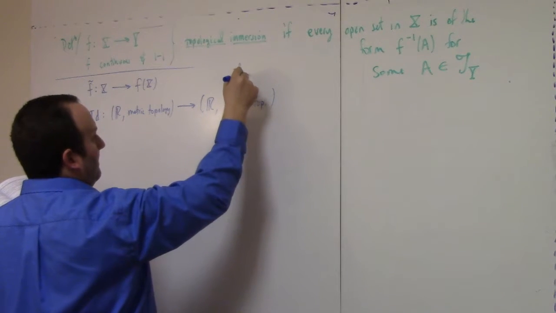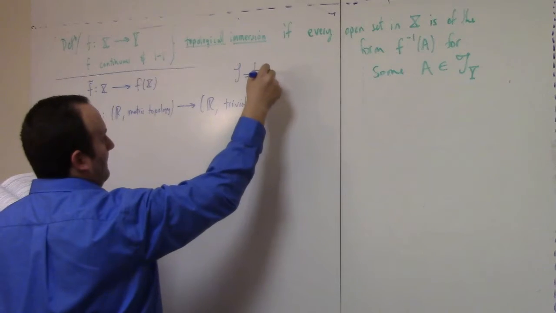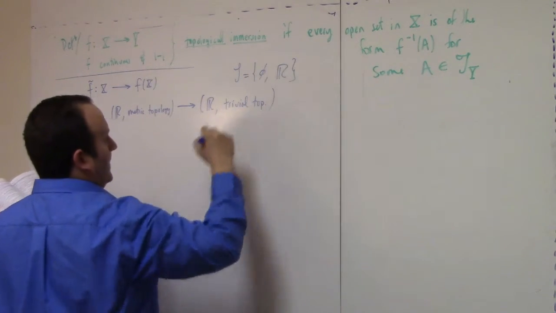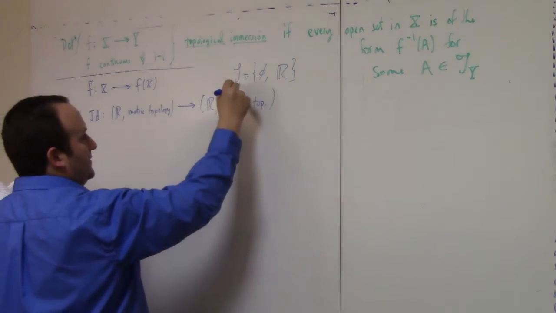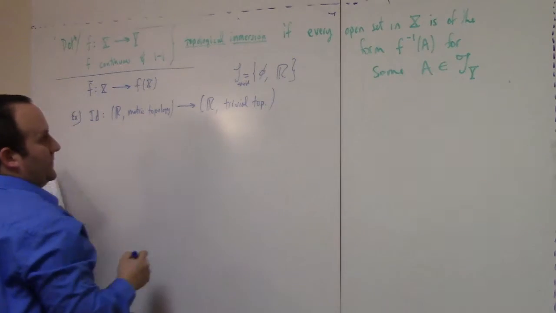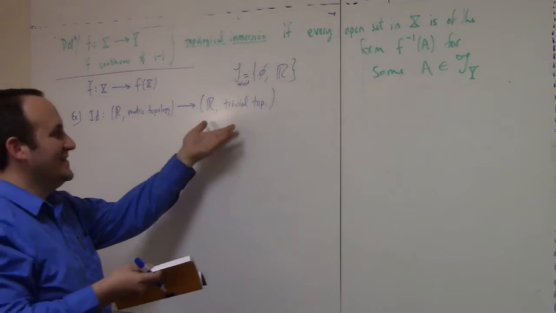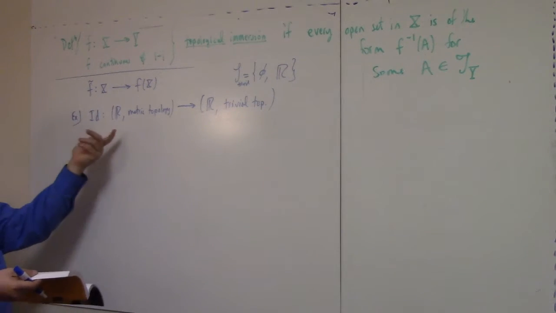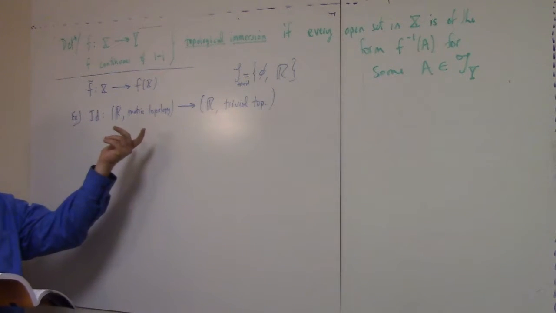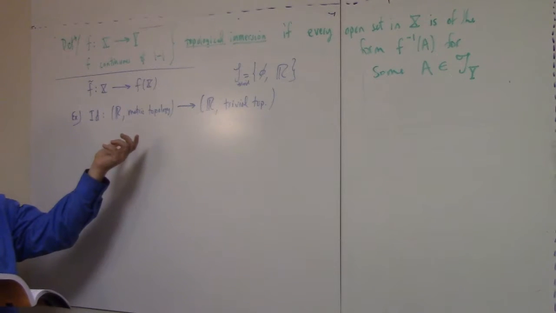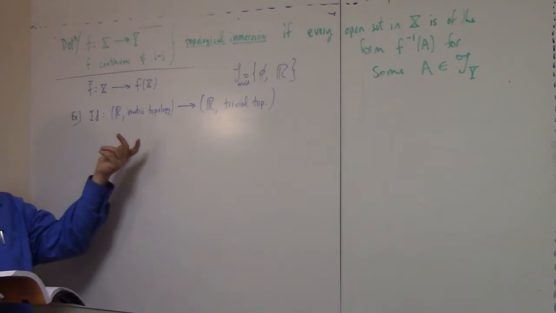That is continuous, because the inverse image of any open set is open: there are only two inverse images to think about, everything and nothing, and both of those are open.